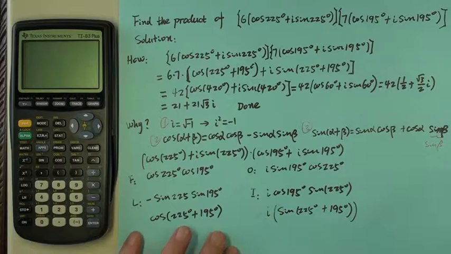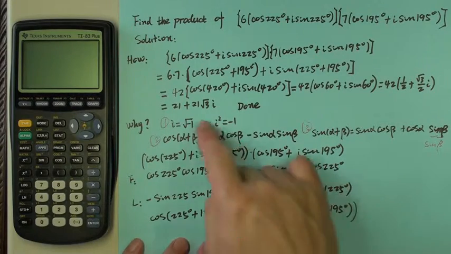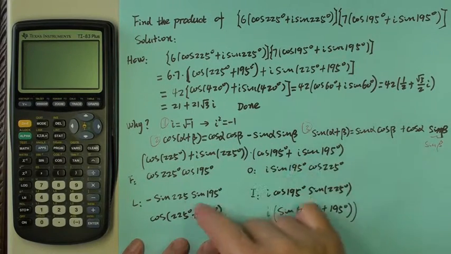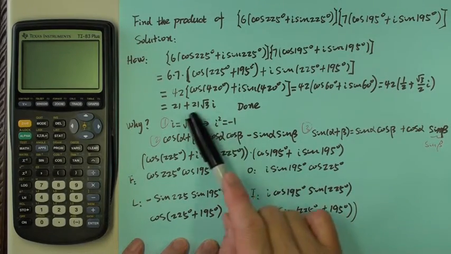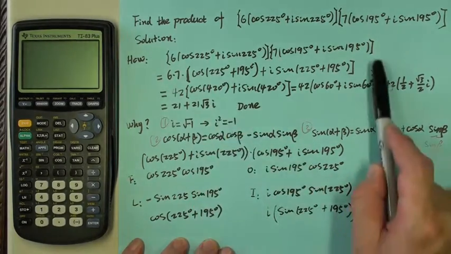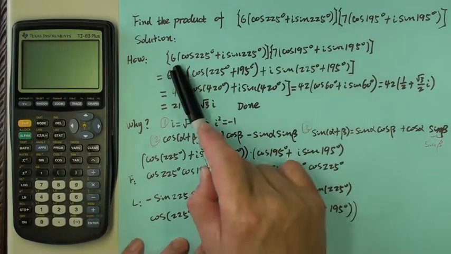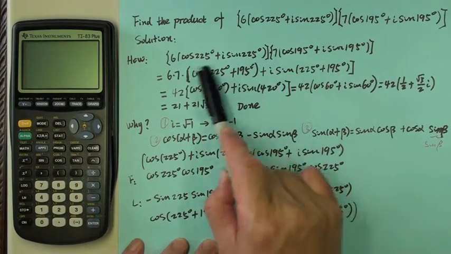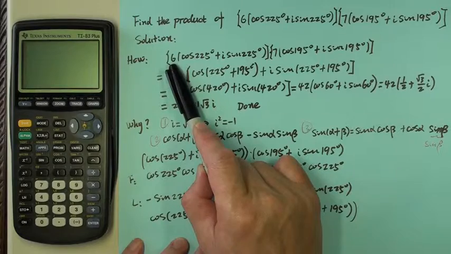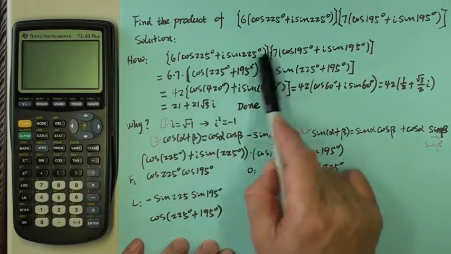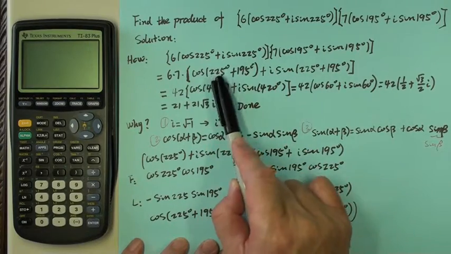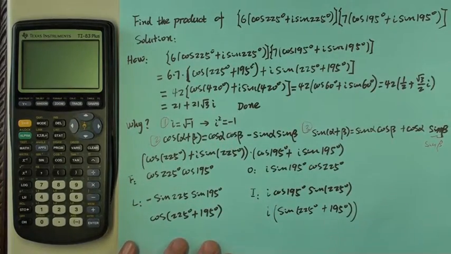You need to understand the things behind it, but the most important thing is that you know how to do it. Multiply the magnitudes of these two complex numbers, the absolute values 6 and 7, but add the angles.